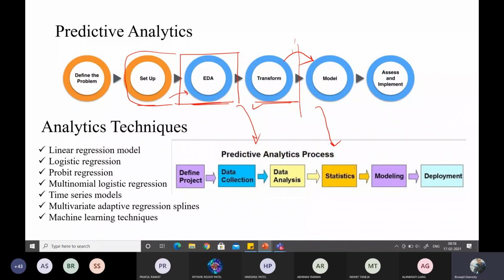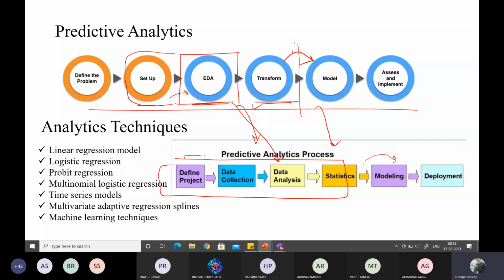All these things up to statistics come under your EDA, so all these four steps can be taken care of by EDA steps. After that you will be modeling, which means using different mathematical or statistical techniques that guide us to predict the values. Next will be your deployment. The same things are written here, but in a different manner.